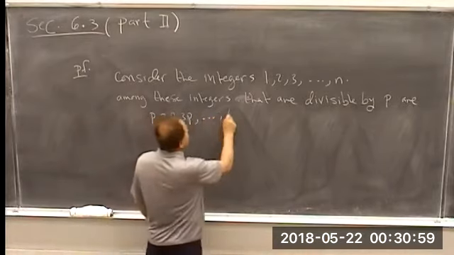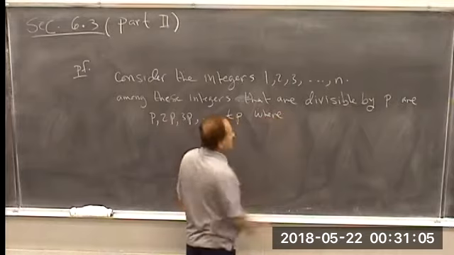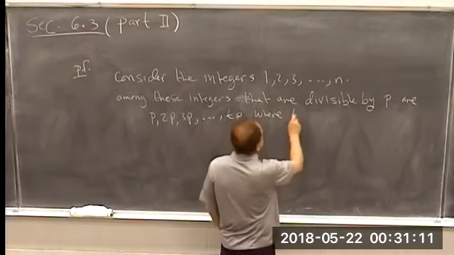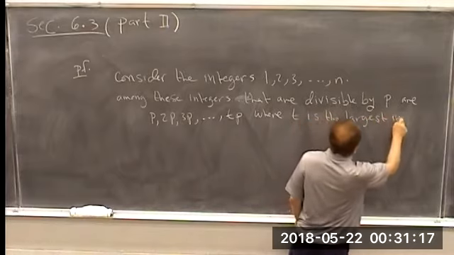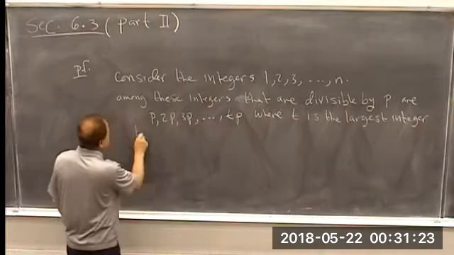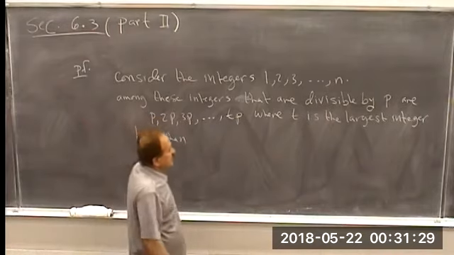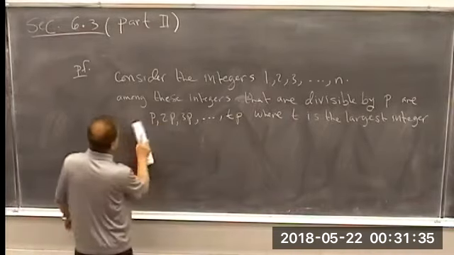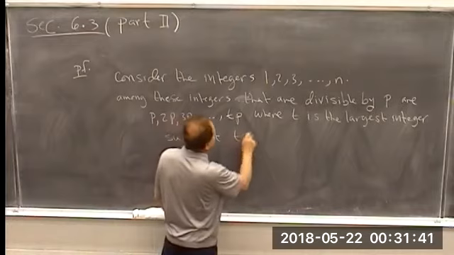And so the last one is tp, where t is the largest integer such that tp is less than or equal to n.